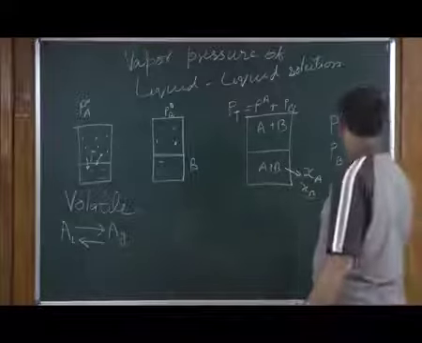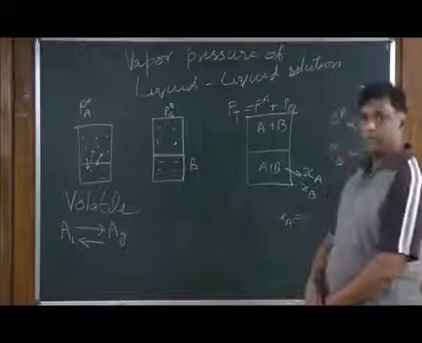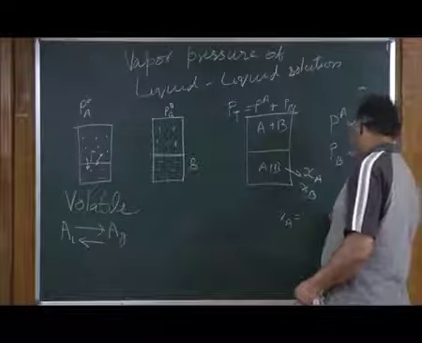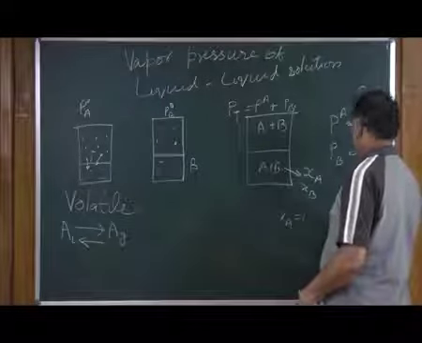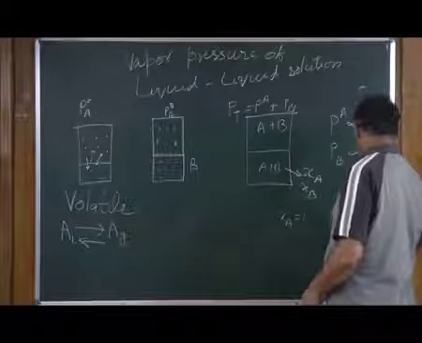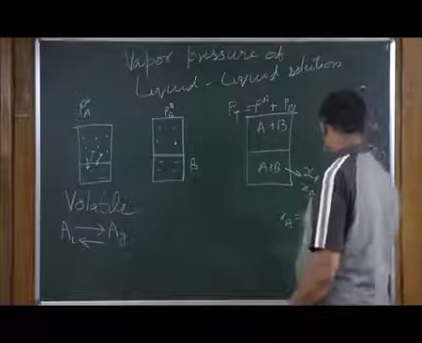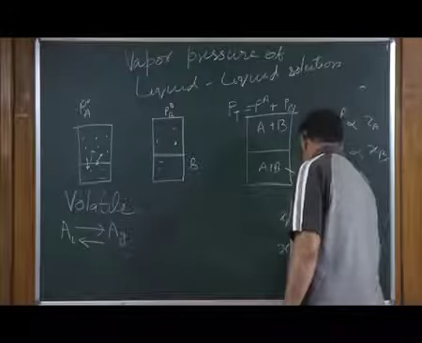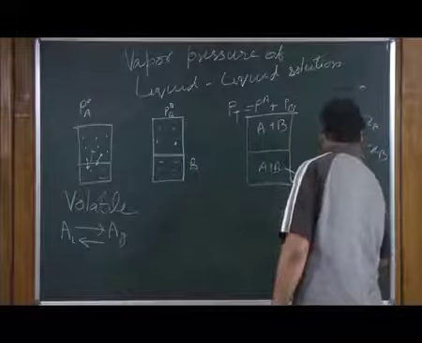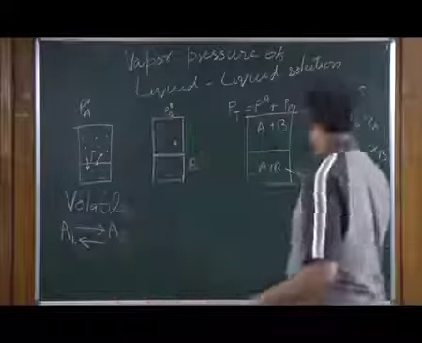We also know that when X_A is equal to 1, that is, when we have a pure liquid A, then P_A is equal to P_A^0, and when X_B is equal to 1, then P_B is equal to P_B^0. So, we get the proportionality constant immediately, and I can write this equation in this form.